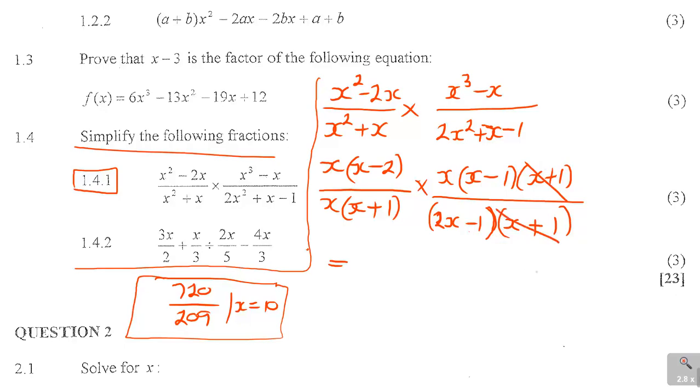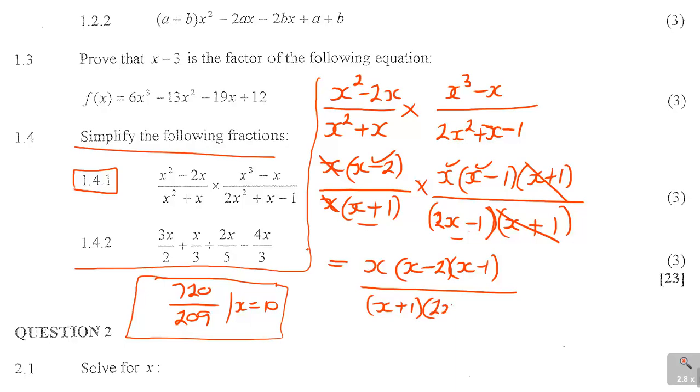All right, and then what else do I have? I've got the x and the x cancelling. So on top, what I'm left with is x minus 2 and x minus 1, right, over, now at the bottom, I've got x plus 1. Usually these questions, they usually bring questions where most of this stuff cancels out and you're left with something much simpler. Well, this one was not the case.